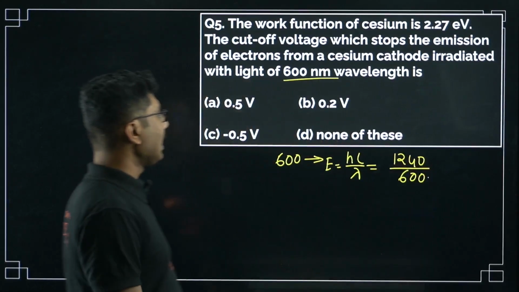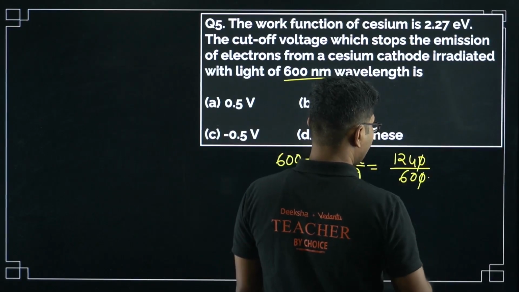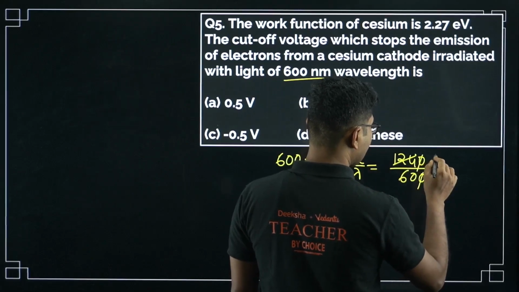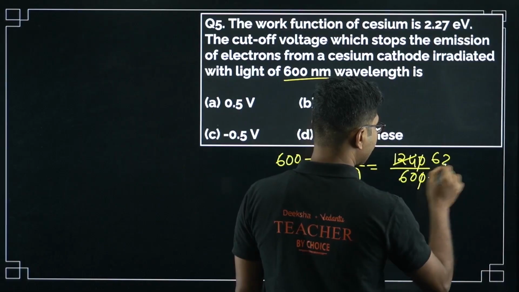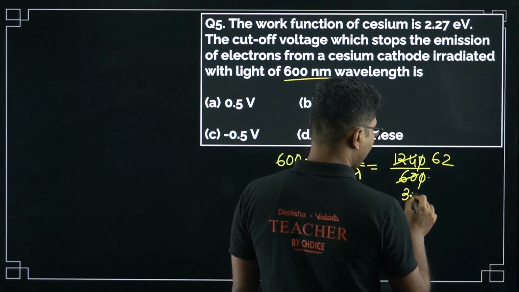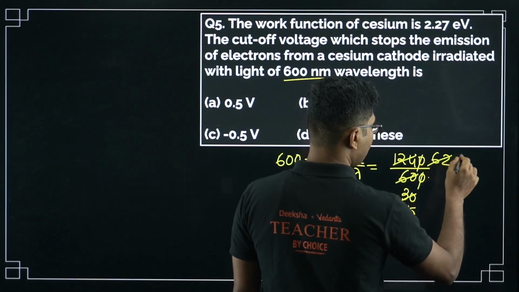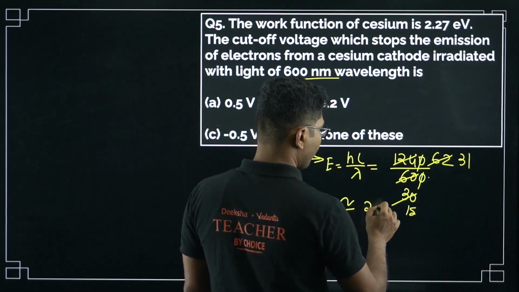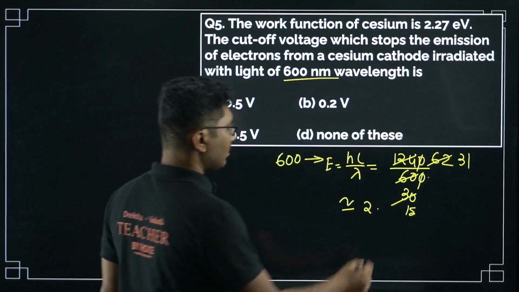So you can cancel that, and you will get about 2.07, which is very close to 2, slightly more than 2, about 2.1.